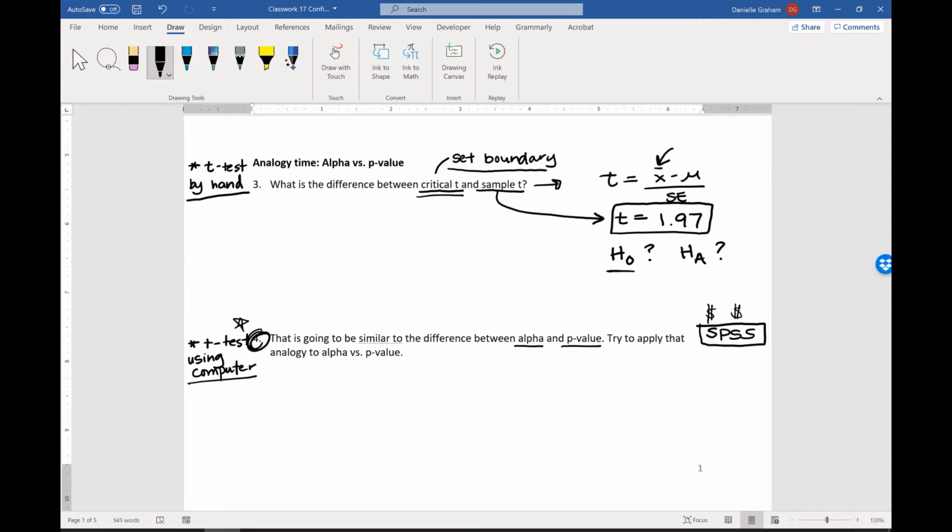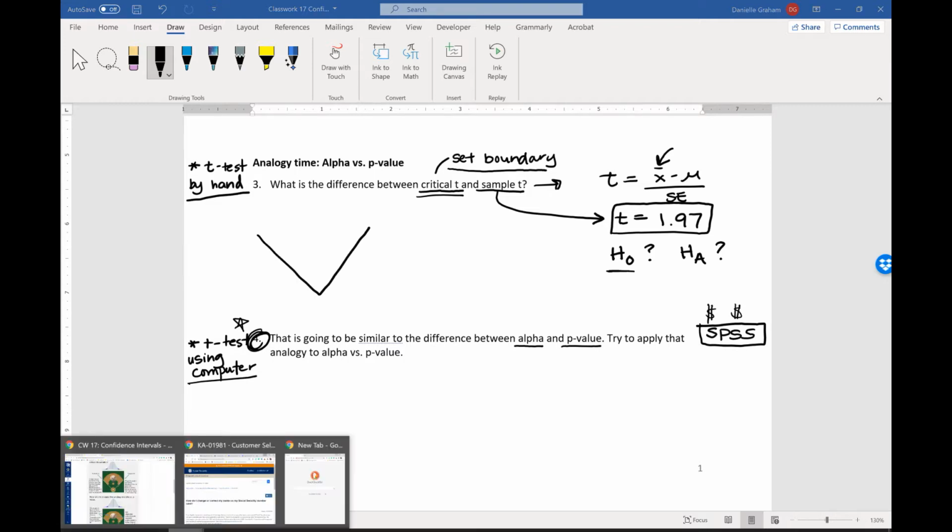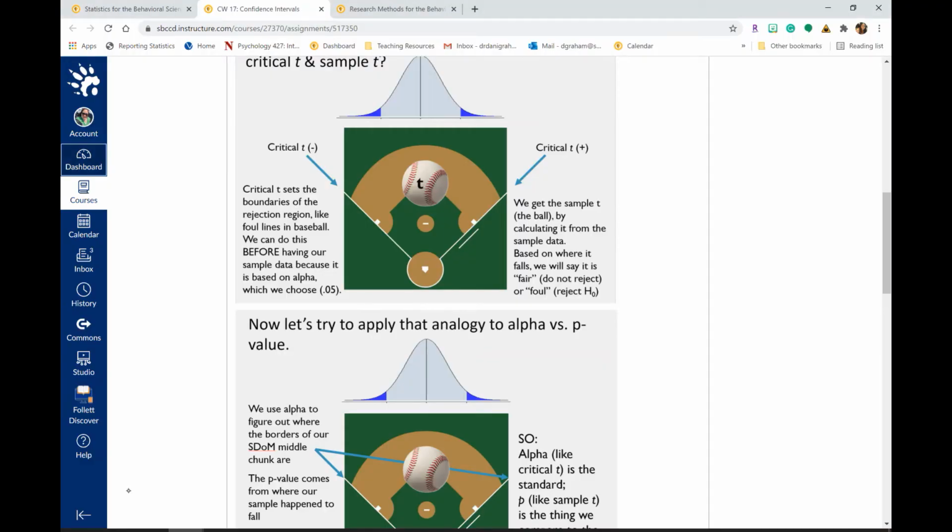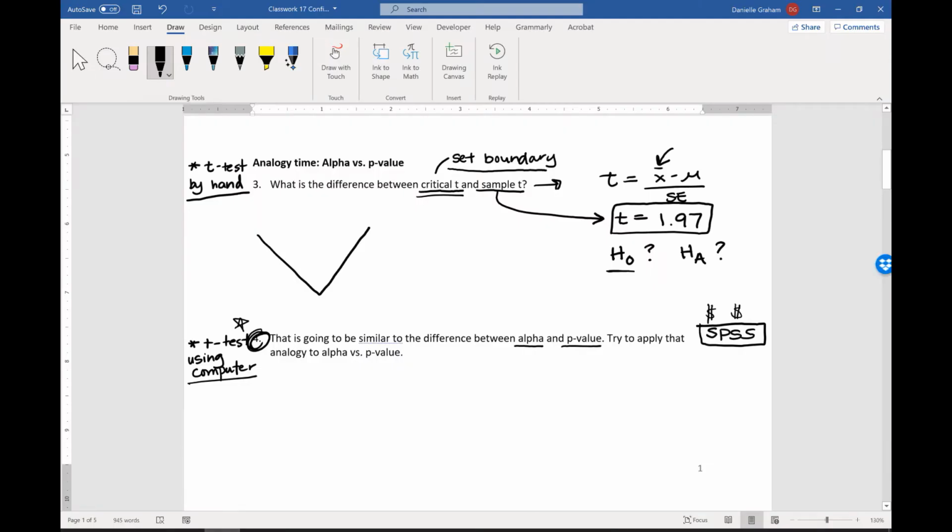So when you think of that baseball diamond, we've got the field. Pretend that this is pretty like this. I am not an artist, as I've said before. But we've got these boundaries set, and these really are our foul lines.